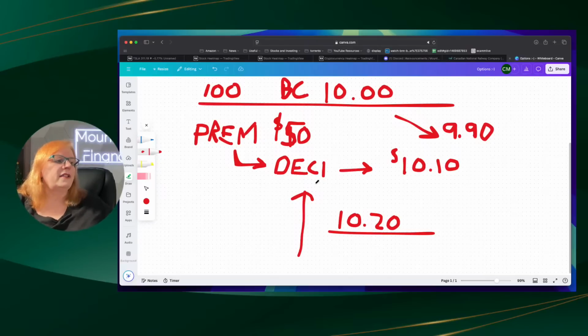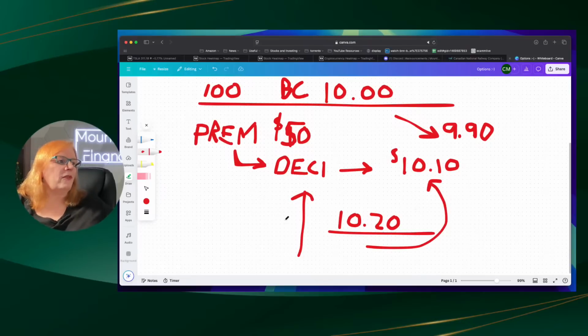They can't exercise it before. Never mind, I don't know what I was thinking. But once they hit that expiration date, they have the right to buy it. And even though it's at 10.20, they're going to buy it at 10.10, because that is the contract.